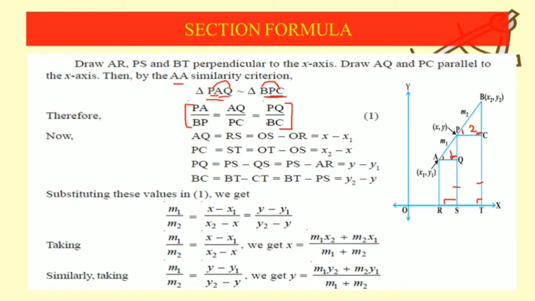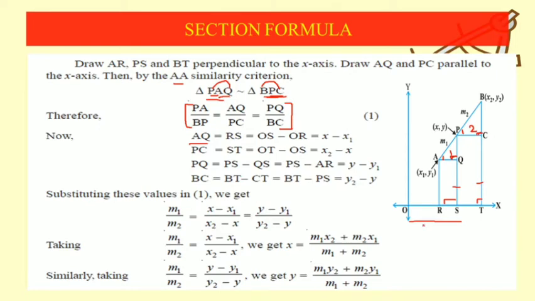Now we have obtained this. Now let me find the length of these sides. First of all, let me take AQ. Now we can see this AQ is equal to RS. So if we can find RS, that will be equal to AQ. Now how to find RS? Now see, from here to here, means O to S, this distance is x, because on the x-axis the coordinate for P is x comma y.